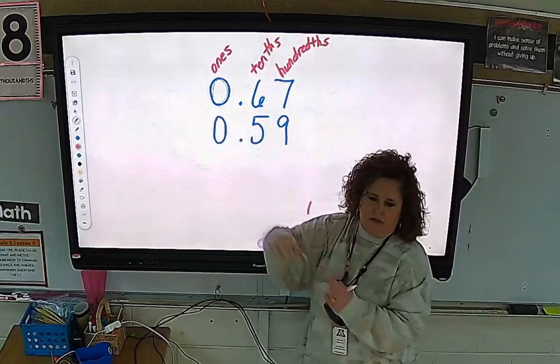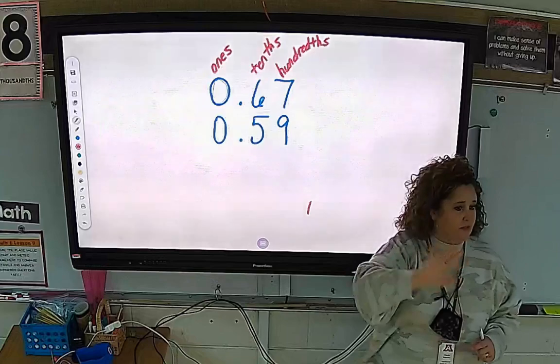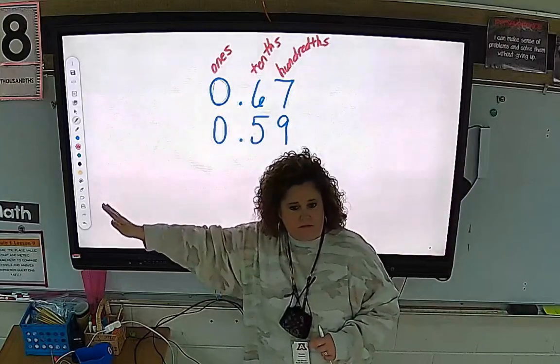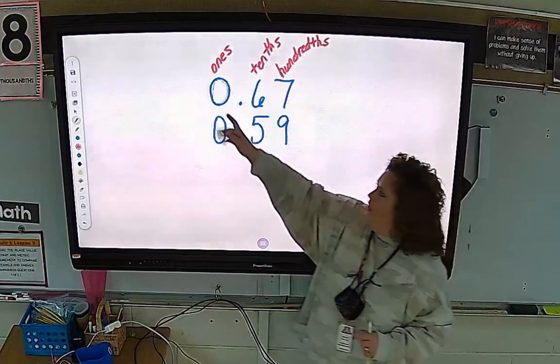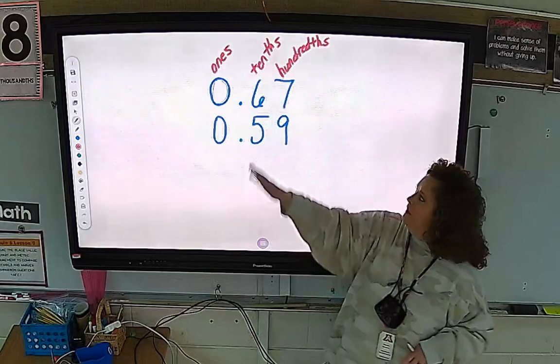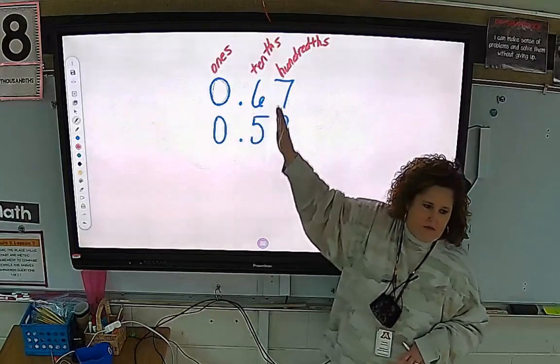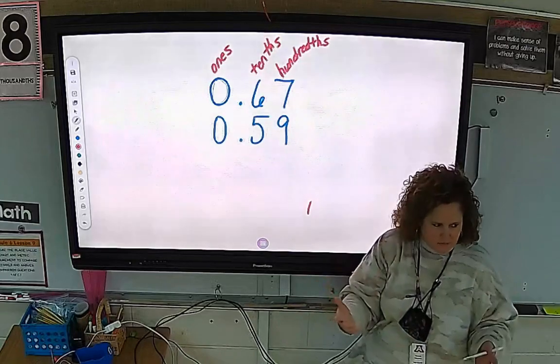You just go down the line. It's kind of like trying to tell if something's larger going this way. So we're going this way. All right, so these are both zeros. We skip that and we go to the next place value. These are both tenths. Which one is larger? The 6, of course.